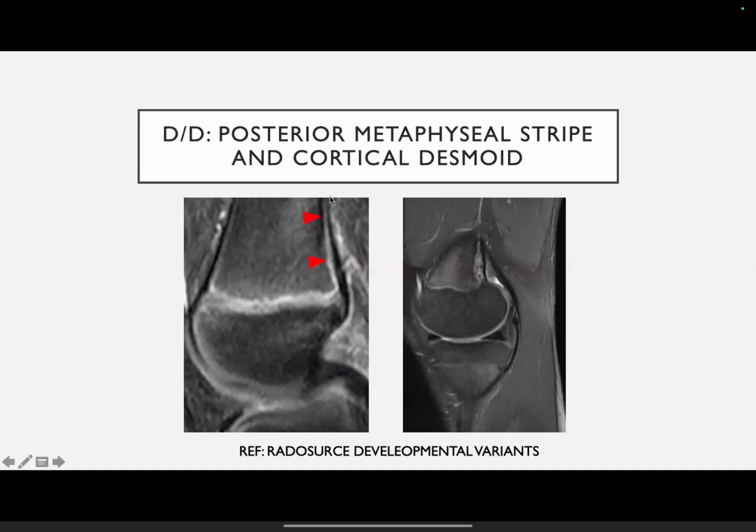Then there is a physiological event. A posterior metaphyseal stripe is a physiological sign which we see on the posterior aspect of the distal femur, and this is surrounded by a dark rim. So a cortical desmoid and posterior metaphyseal stripe are physiological normal appearances in the pediatric knee.